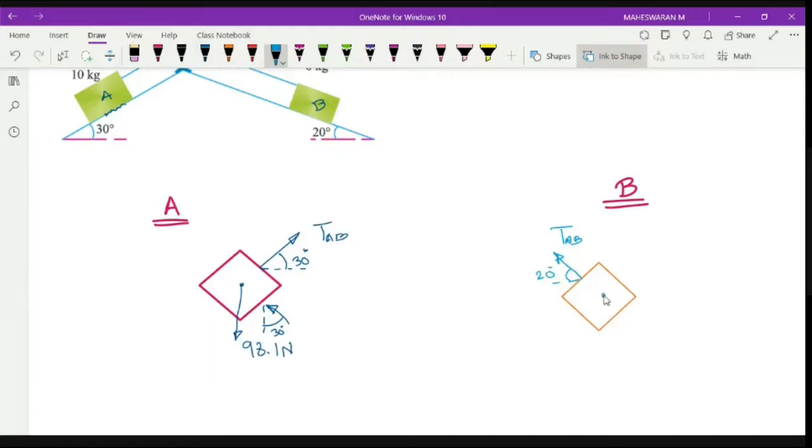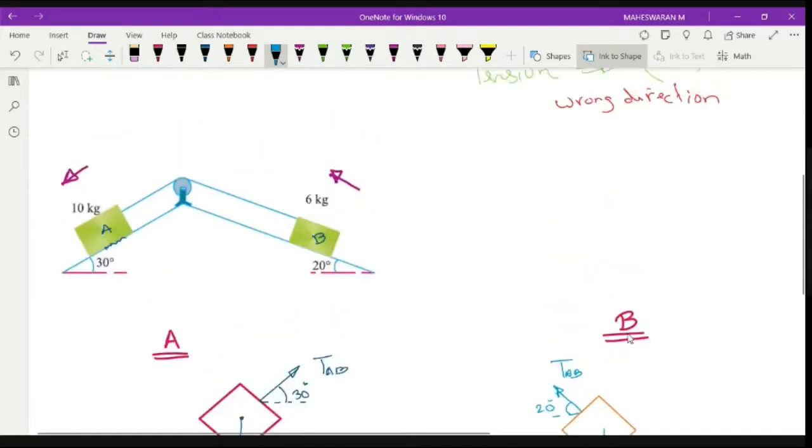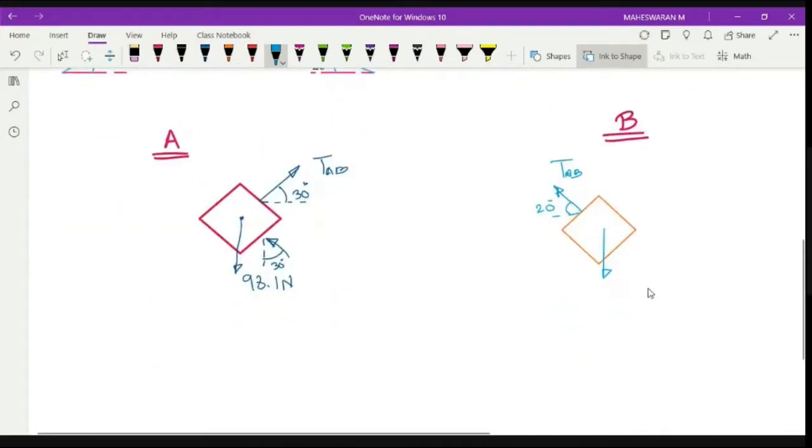Then you have weight, which is acting downward, which is 6 kg. So 6 into 9.81, that is 58.86 Newton.